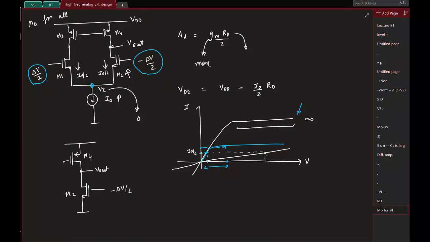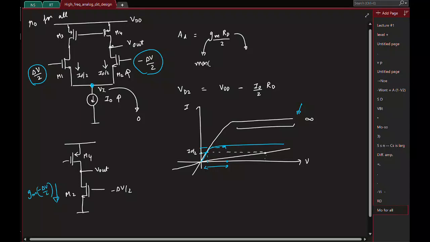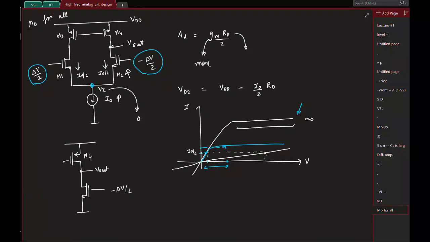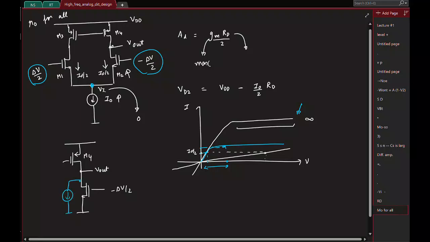GM2, the resistance of the transistor, R0 2 and R0 4, into GM. Yeah, right. So the incremental current flowing is GM times the gate source voltage, so that's minus delta V by 2. If you were to draw the small signal equivalent, from drain to source you will have a current GM VGS.